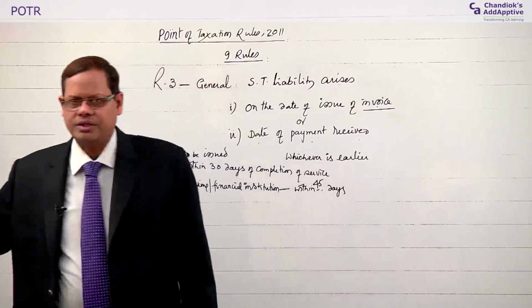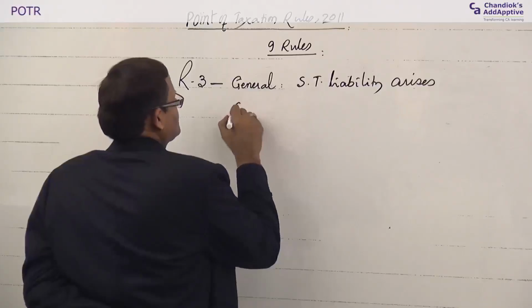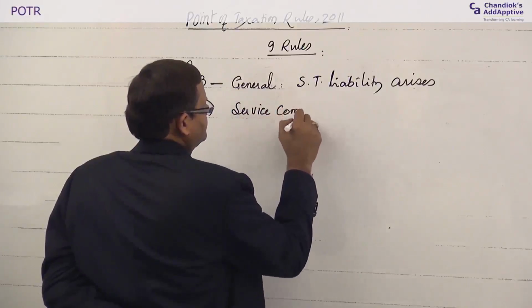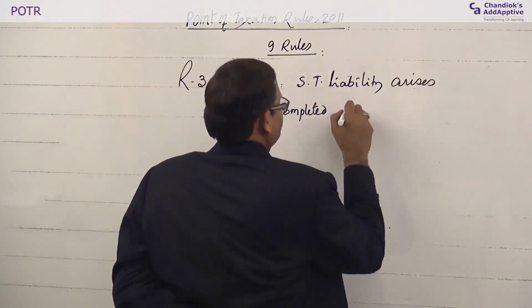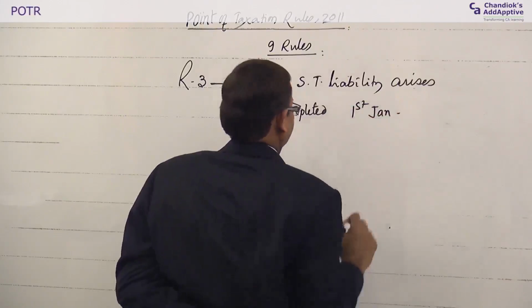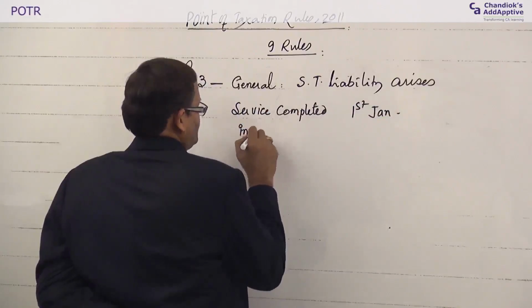Let us look at this. Service completed on 1st January. Invoice issued on 25th January. Amount received on 5th February.